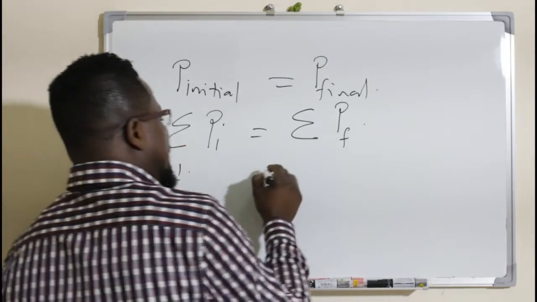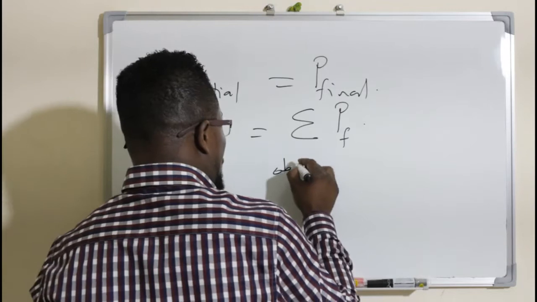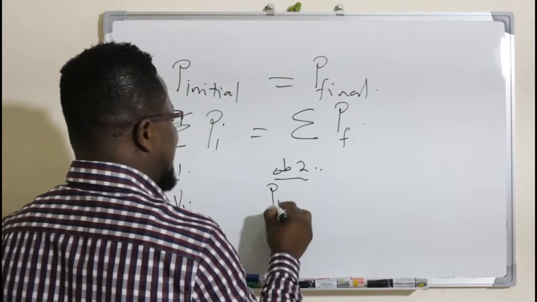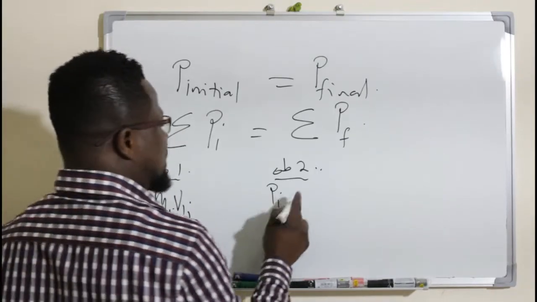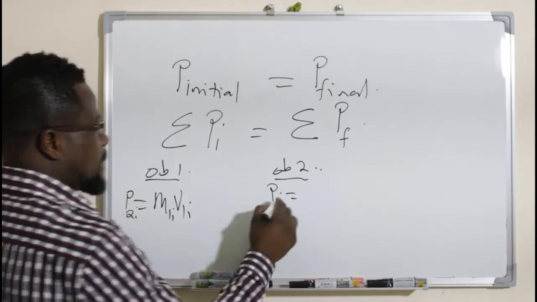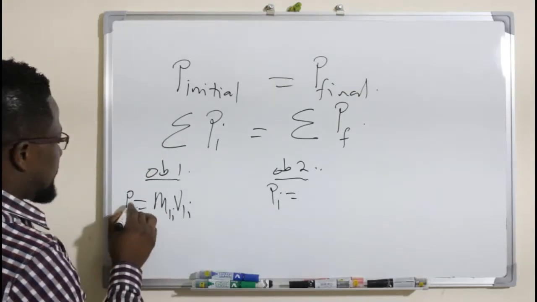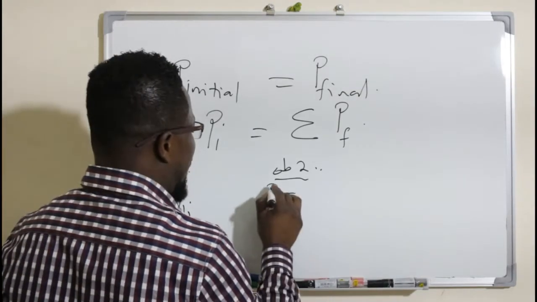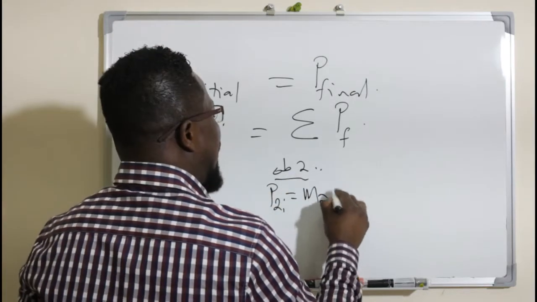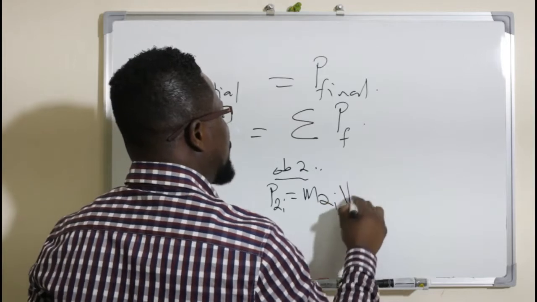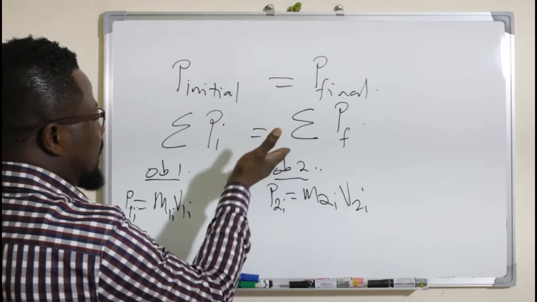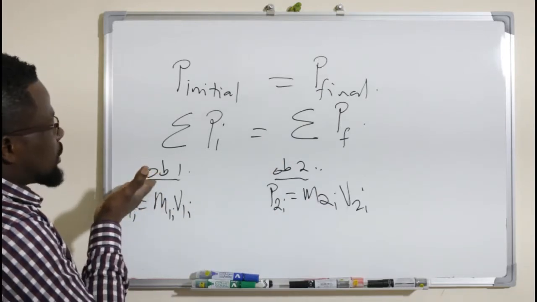Then for object 2, we also have the initial momentum, which I'll call 2I, so that this one is M2I multiplied by V2I. So that is the initial momentum of object 2 and the initial momentum of object 1.